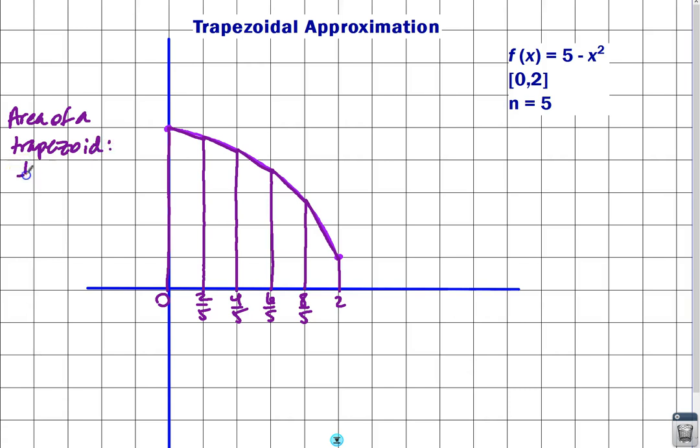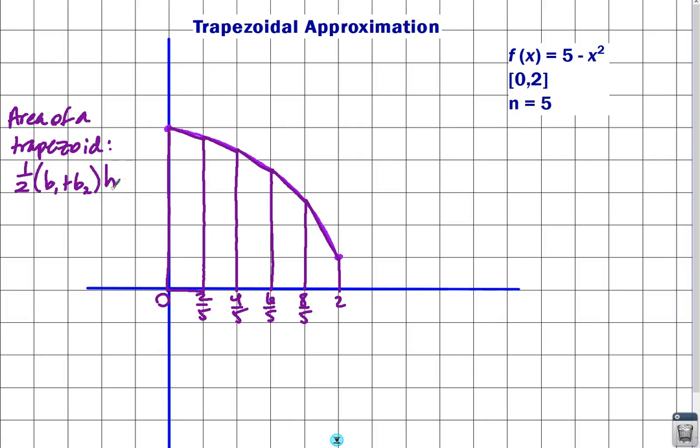Area of a trapezoid is always 1/2 base 1 plus base 2 times your height. Okay, so looking specifically at just this first trapezoid right here. Base 1 is going to be this y coordinate. Base 2 is going to be this y coordinate, and the height of a trapezoid is the distance between the bases, so the height is going to be that 2/5 number that we had before.